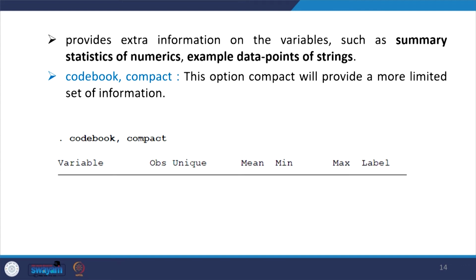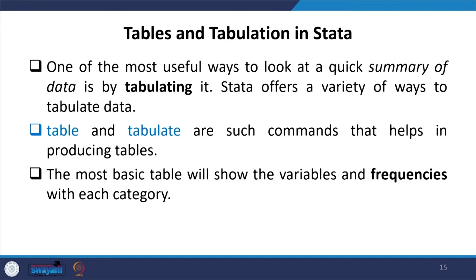Codebook compact, if we enter this compact command, will provide a more limited set of information as well. You can also try on your own. Codebook and compact. Compact is the word. Codebook variable name, or if you simply enter compact, it gives all variable names. All right.